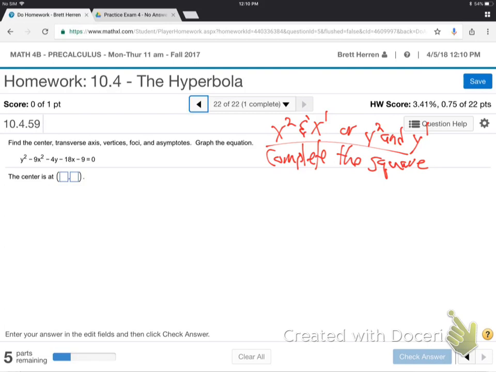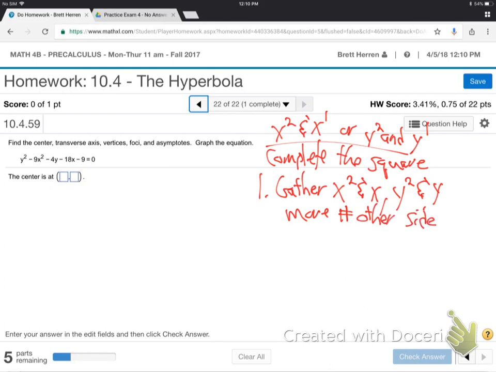Put one example on the 3x5 card. This one's especially hard because of the minus sign. Let me remind you what you do. Step 1 is gather stuff. Gather x squared and regular x, y squared and regular y, and move the number to the other side.